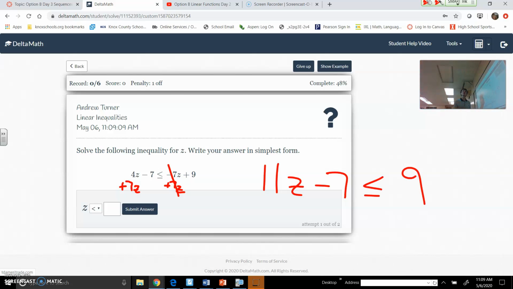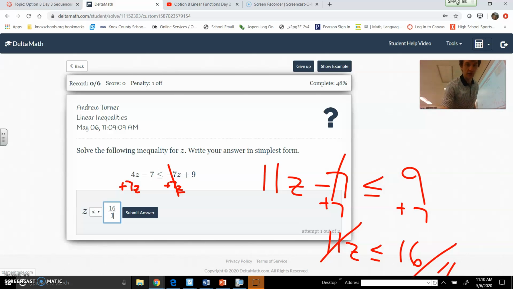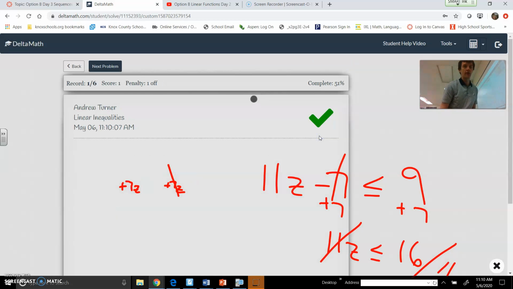Let's add 7 over to be with 9: 11z is less than or equal to 16. Then we'll divide by 11. This answer is not a real pretty one, but we do want less than or equal to, so I'll type 16/11 as my answer. Let's see if we got it correct. Yeah.